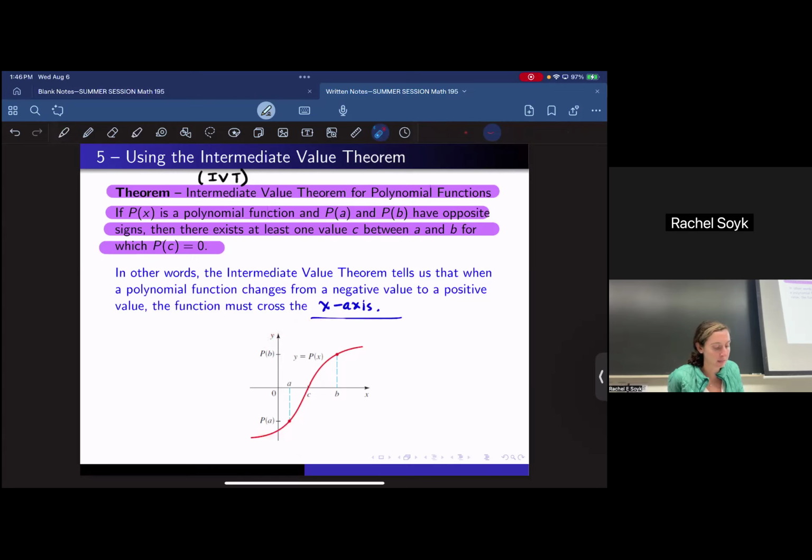Our p of b is a positive y value. And because we're dealing with polynomial functions that are continuous and smooth, we know that there will be no breaks from our a to b. And so it must cross over that x-axis, and you would yield a 0 at this value c that we labeled over here.